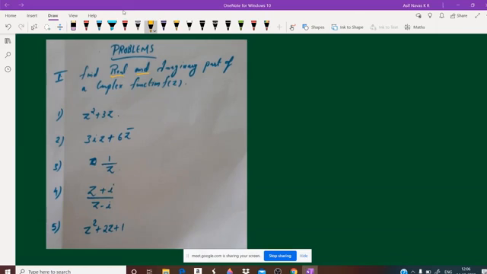This is a frequently asked problem, finding the real and imaginary part of a complex function. So the first problem is we have to find the real and imaginary part of f of z equal to z square plus 3z.